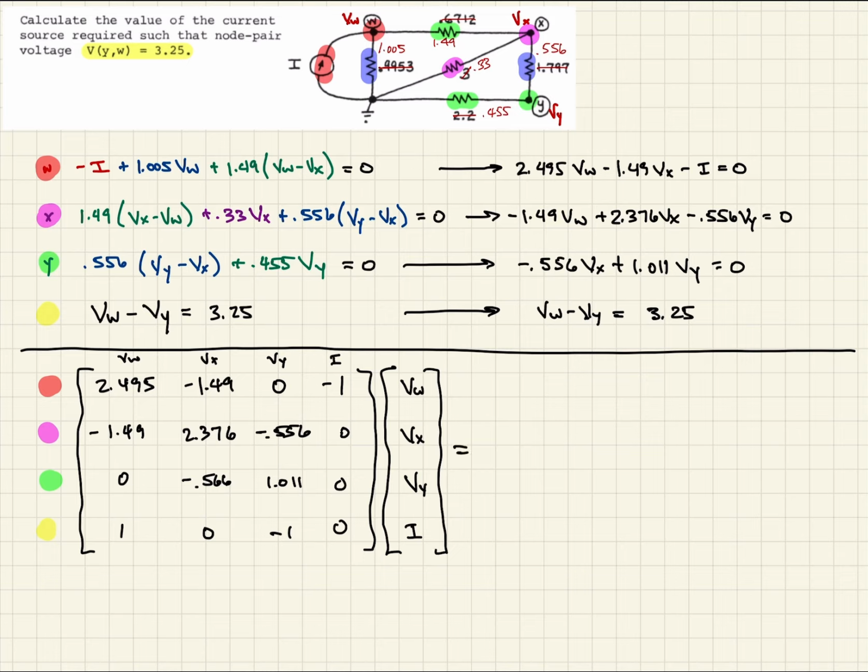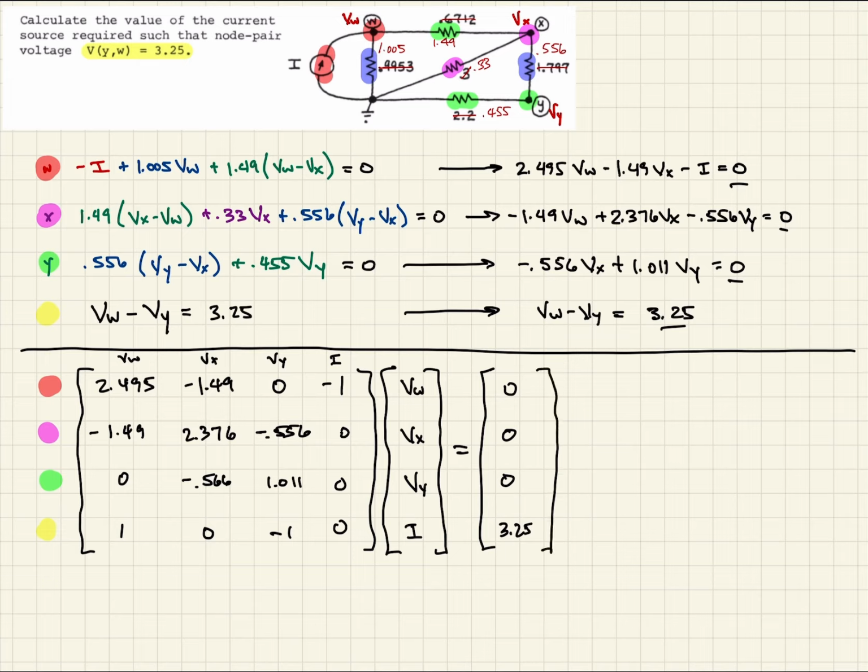And then finally, this is going to be equal to the answers to each of these. For the red, it's a 0. For the purple, it's a 0. For the green, it's a 0. And then for the yellow, it's 3.25.